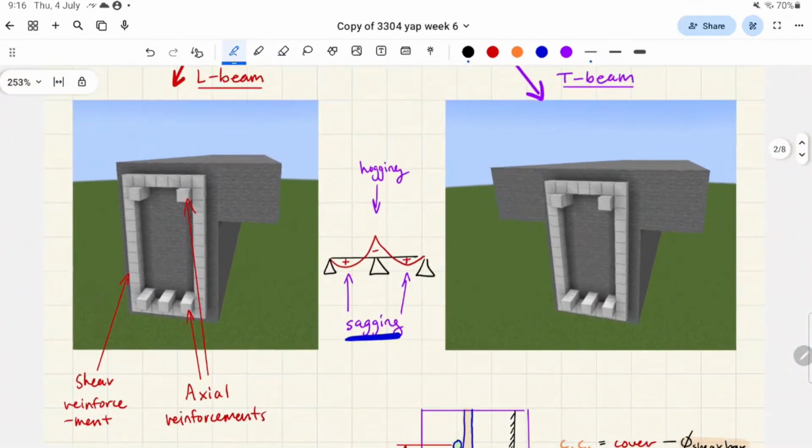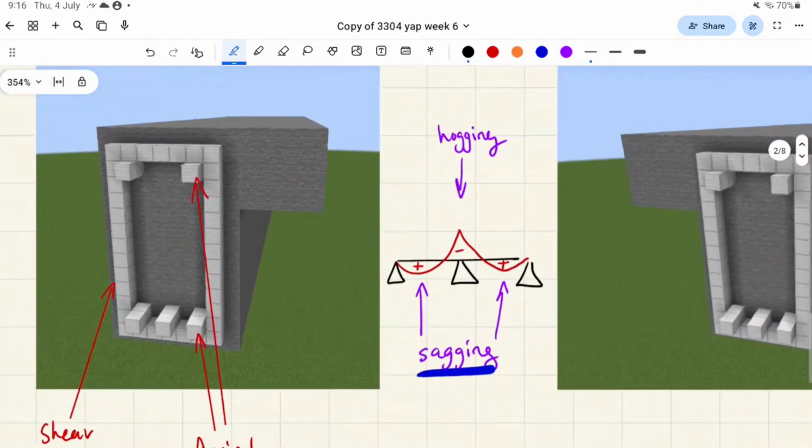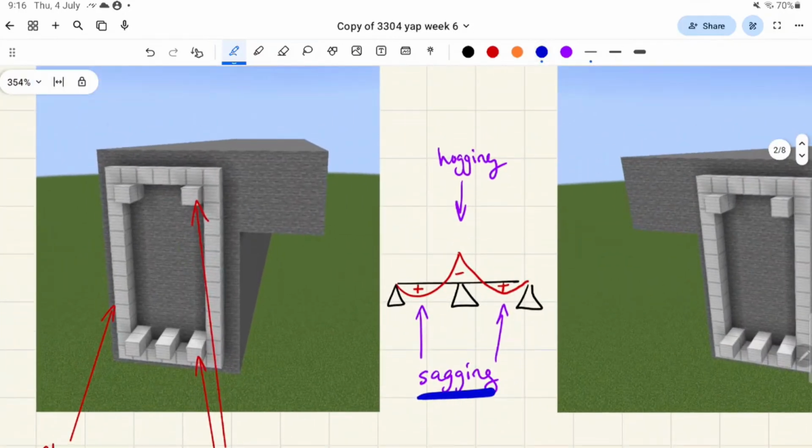There's a couple of dimensions I'll draw on the left-hand side. Basically, I've alluded to this one a few times, but we have something called the effective width, and that is talking about the flange width for this L-beam in particular, right? I've included the L-beam just because it's in the code, but to be honest, I've never seen an L-beam in this course.